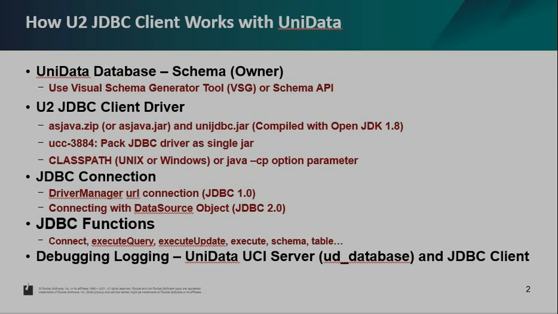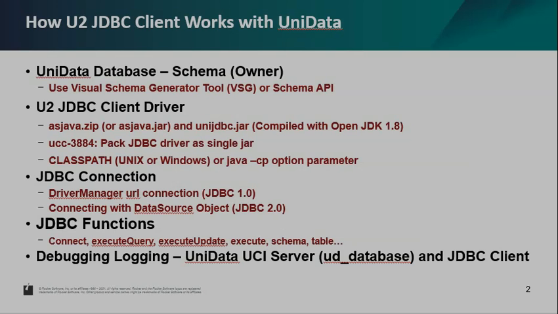For the JDBC connection part, we have two types. The most common one uses the driver manager, with a URL to specify the connection string, and it is basically the JDBC 1.0 spec. Or you can use the data source object, which is JDBC 2.0.